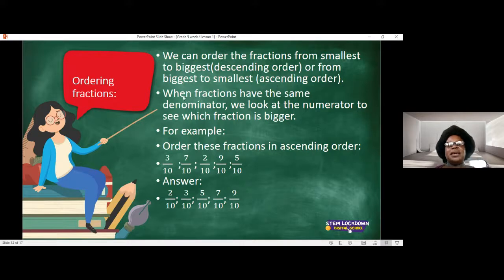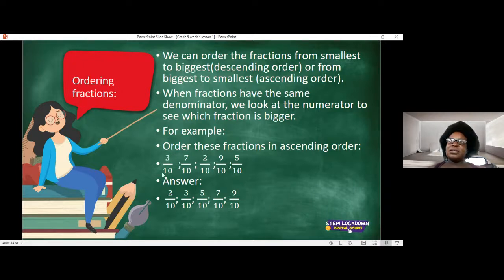Okay, and then when fractions have the same denominator, we look at the numerator to see which fraction is bigger. For example, I gave you a question there. Order these fractions in ascending order, that is from smallest to biggest. We have 3 tenths, 7 tenths, 2 tenths, 9 tenths, and 5 tenths.